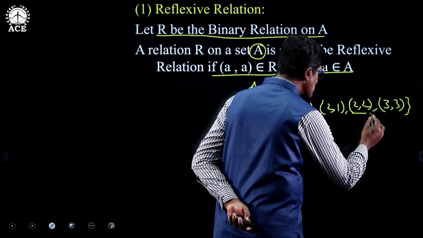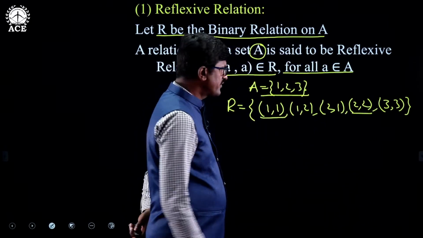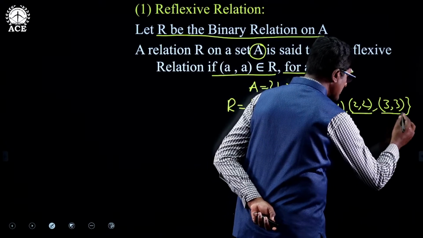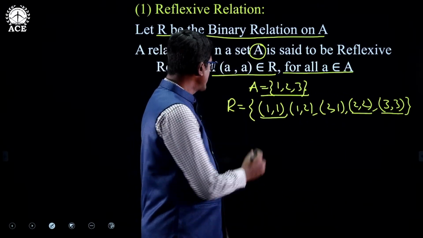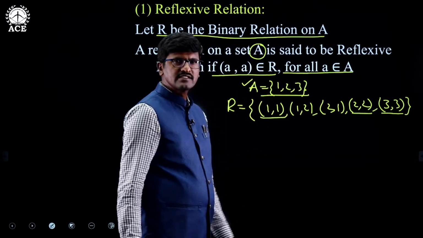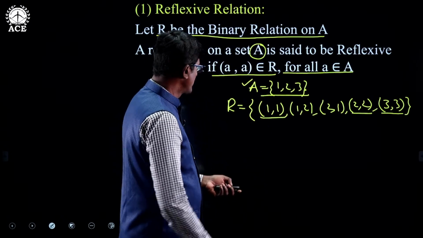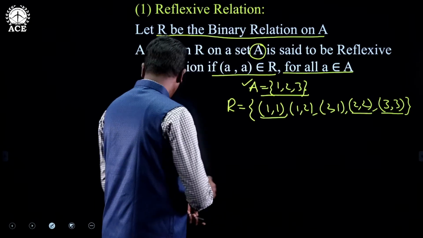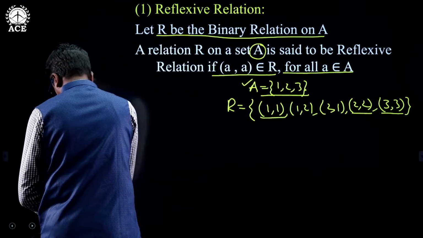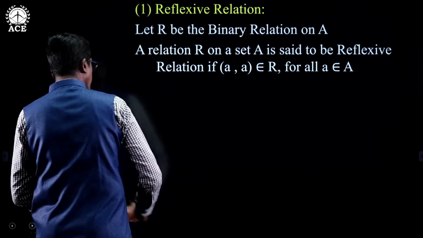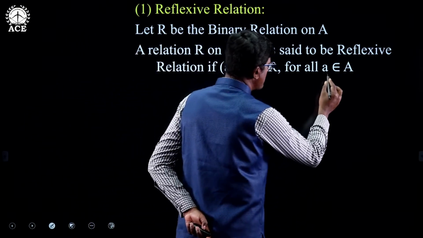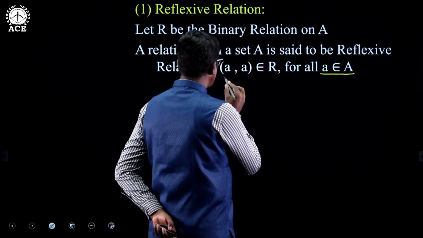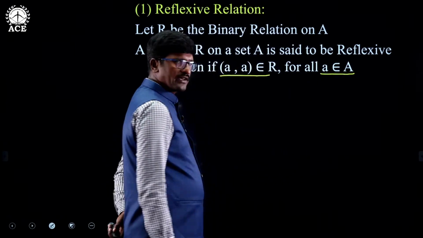There is (2,2), 2 is mapped to itself. There is (3,3), 3 is mapped to itself. Which means for every element in set A, there is a mapping to itself. So then R is a reflexive relation. So reflexive relation means for every element in the set A, there must be the mapping from A to A itself.